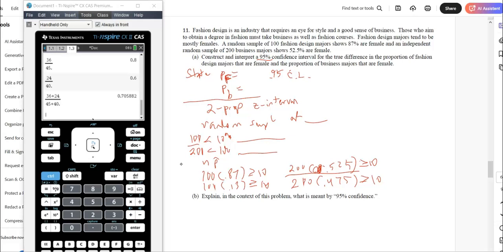Okay, the do section, so there's the interval. You could do 0.87 minus 0.525 plus or minus 1.96 times the square root of.